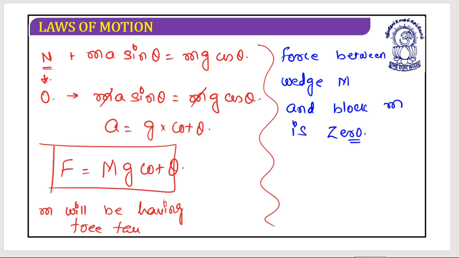They have lost their contact, and when they have lost their contact, the force between wedge M and block m is 0. I hope this is clear. So please do remember both the applications. These are very important applications according to the examinations. Please do remember this. This is required.